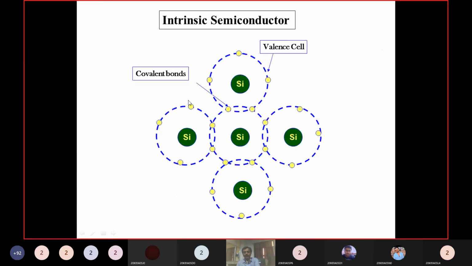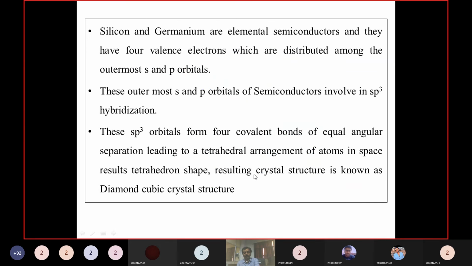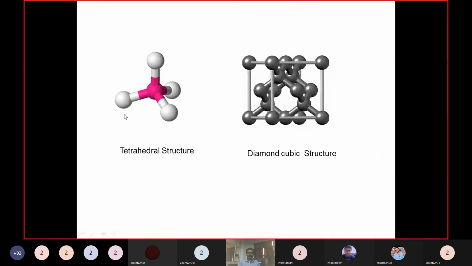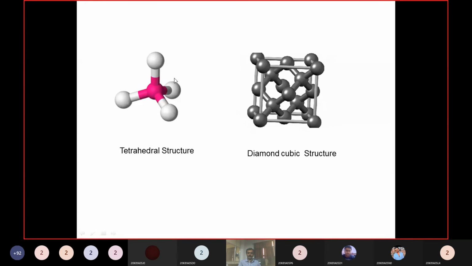The resulting crystal structure is known as the diamond cubic crystal structure. See here, this is the tetrahedron structure.